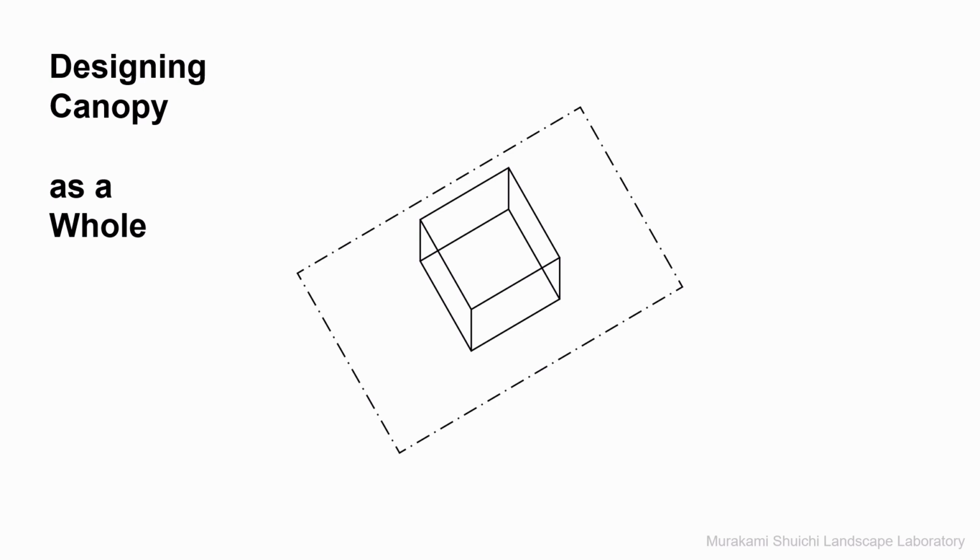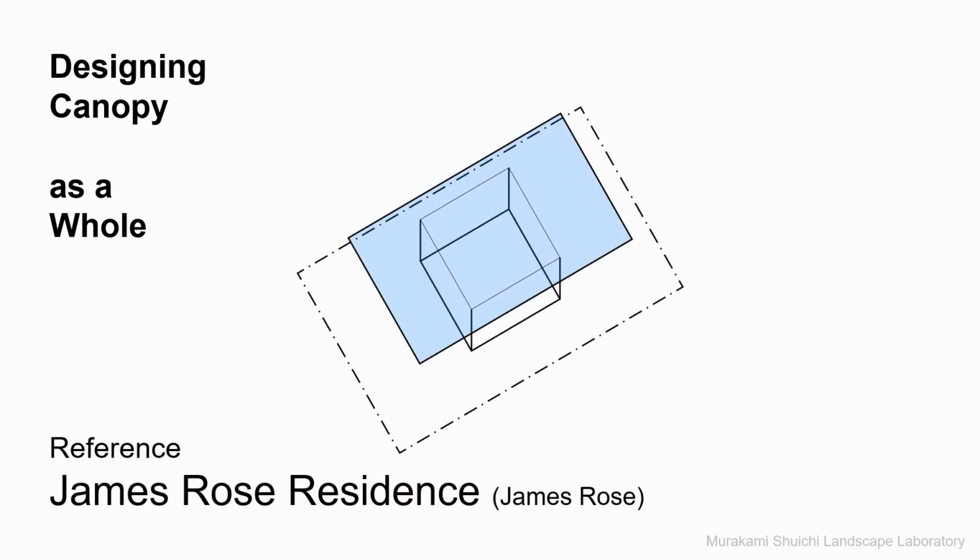In addition to the floor and side, the integration of canopy can also be mentioned. By extending the indoor canopy outward, a continuous spatial connection is created that spans both inside and outside.